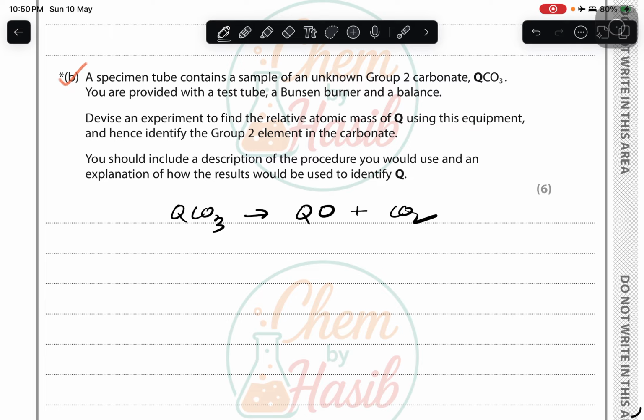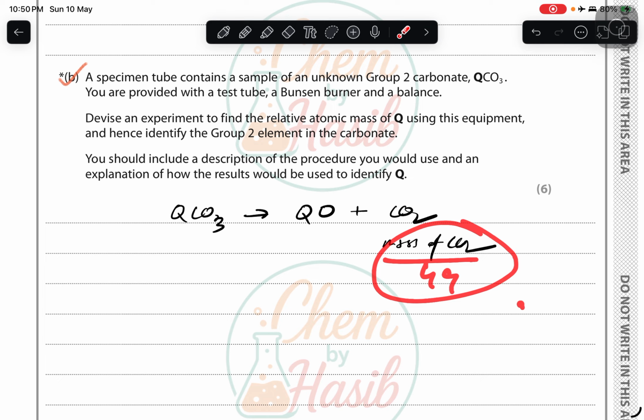So if you subtract the final mass from the initial mass, basically you get the mass of carbon dioxide. And from the mass of carbon dioxide, you can find the moles of carbon dioxide by dividing the mass of carbon dioxide by 44. If you divide the mass of carbon dioxide by 44, you get the moles of carbon dioxide. Now the mole ratio of CO2 and QCO3 is 1:1.